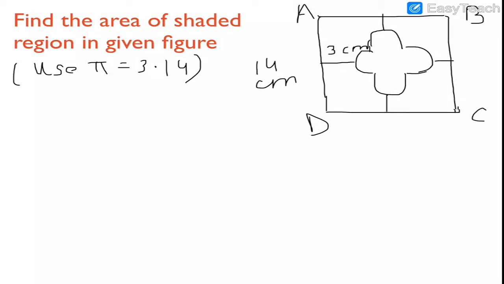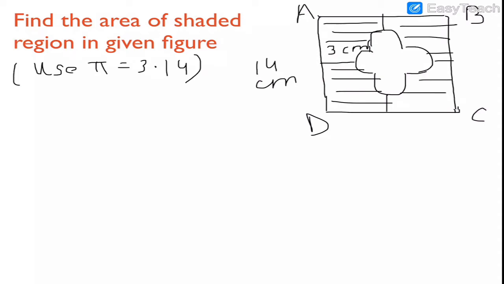Now in this question we have the figure given, and in this we have to find the area of shaded region. So this is our shaded region. These are the 4 semicircles that are given to us. We'll join them by a dotted line.